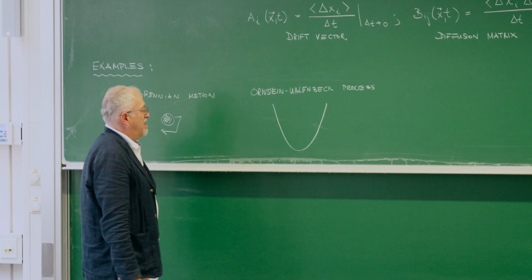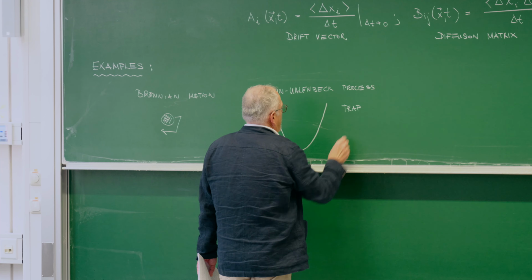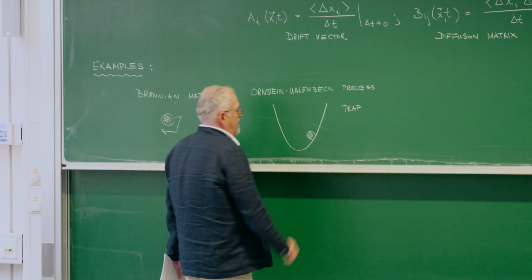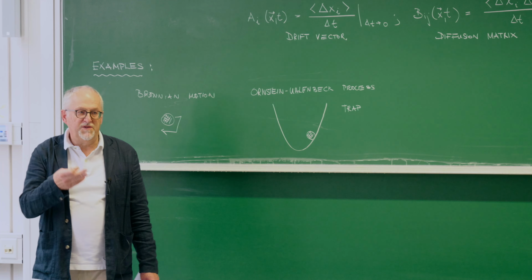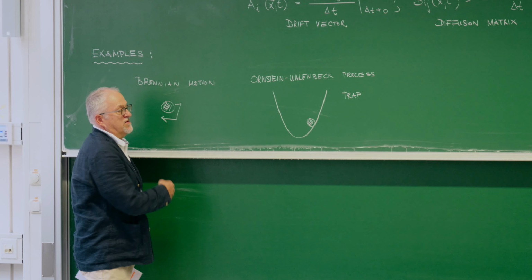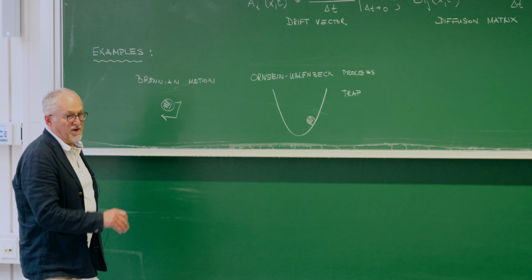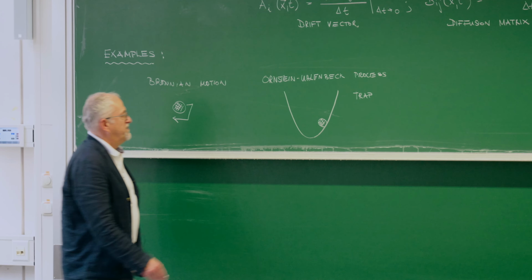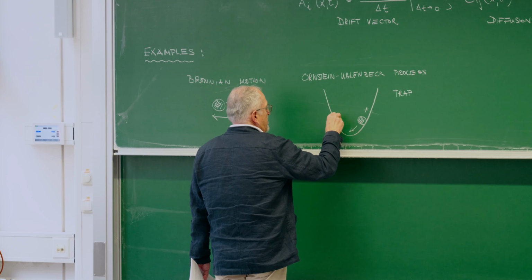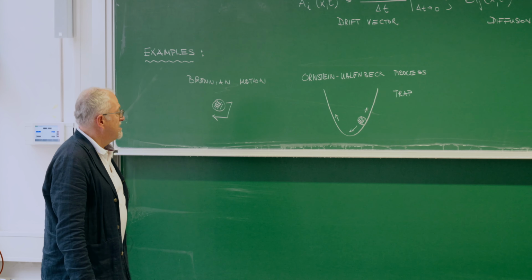And in this harmonic potential, in this trap, you put a bead, so a colloidal particle, and you consider this colloidal particle to be subject to such a harmonic driving force. So it's driven towards the minimum, and it fluctuates around it because of thermal fluctuations. So you have a drive towards the minimum, but there are also random fluctuations that drive you up and down the potential landscape.